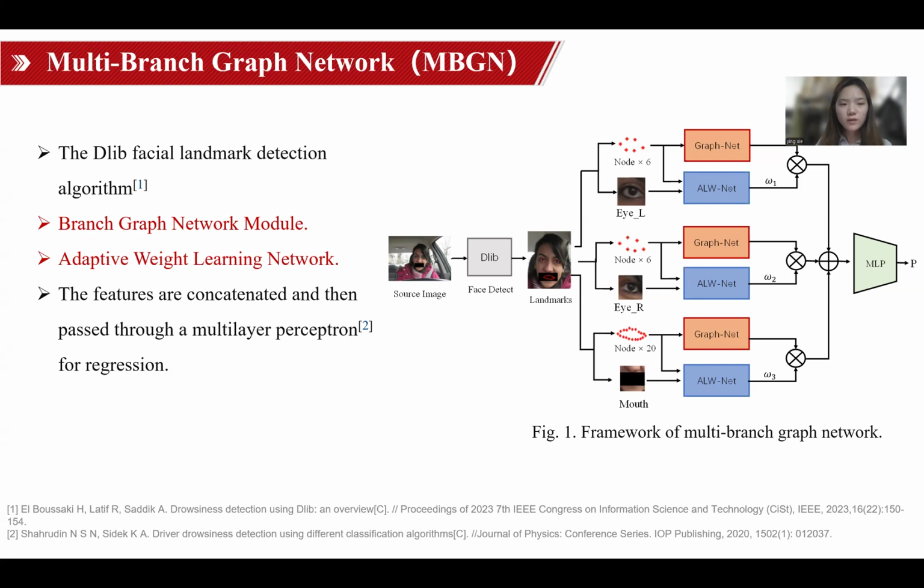During the third stage, an adaptive learning weight network, ALWNet, is utilized to dynamically assign importance weights to each facial region. The weighted features are obtained by multiplying the learned weights with their respective regional feature representations. Finally, the 3 weighted features are concatenated into a single feature vector. The concatenated feature is passed through a multi-layer perceptron, MLP, for regression to obtain the probability-based detection result P, where P ranges from 0 to 1.